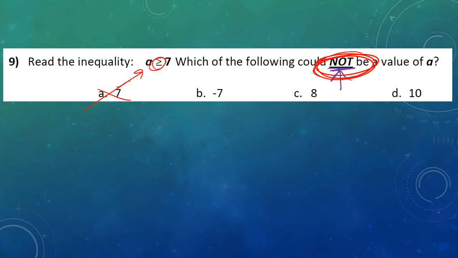So that's out. Is -7 greater than or equal to 7? Nope, so that would be a solution. How about 8? 8 is greater than, that wouldn't work because we're looking for the ones that do not fit. And the same thing with 10, 10 is greater than. So we only have one answer here, and that is letter B, -7.